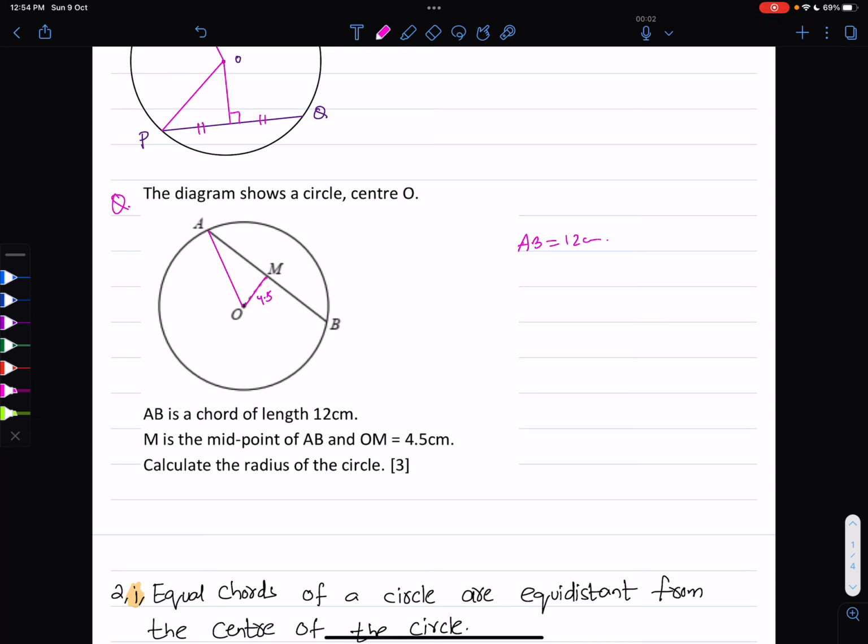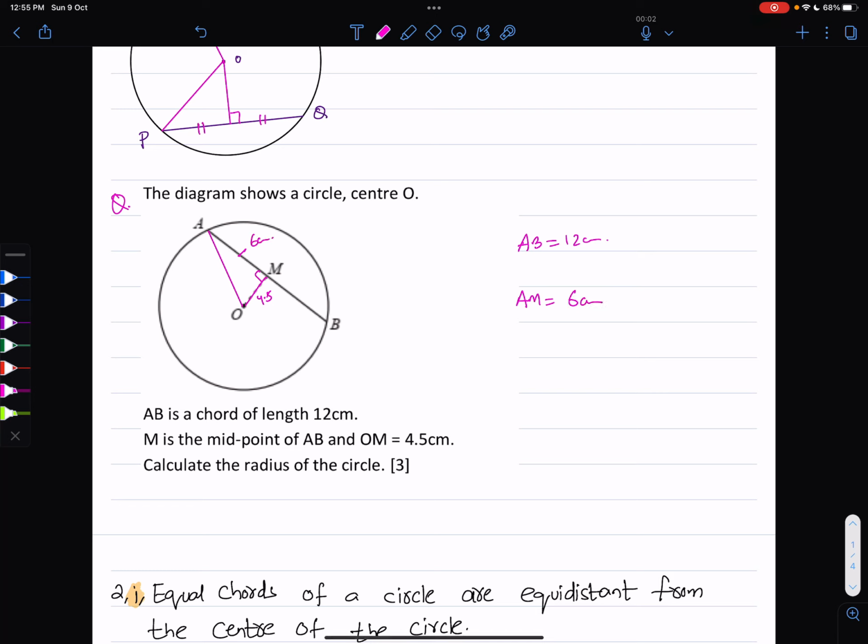And now try to recall the property. The property says that if a line passes through the center of a circle perpendicularly to the point M, and M is the midpoint, then this line is perpendicular. So this is a right angle triangle. The value of AM is going to be half of the value of AB because the chord is going to be bisected. So AM is going to be 6 centimeter.